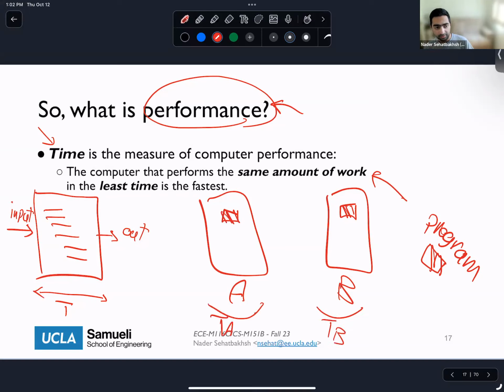I will say that computer A is faster if the time it takes to finish the same task on computer A is less than the time it takes on computer B. Very straightforward.